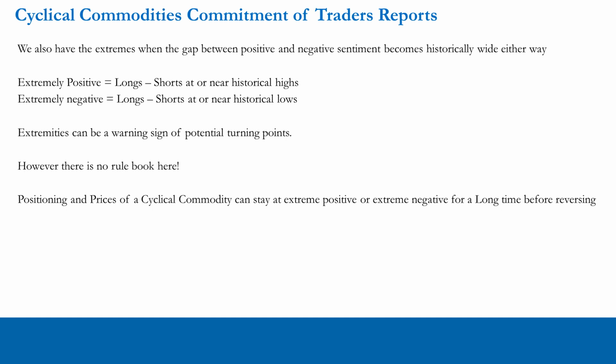It obviously doesn't work like that, guys. It's not a rule book where you take positions simply based on the flip or the extremities becoming slightly less extreme in the commitments of traders' reports and directly reading across into positions in stocks. So definitely do not do that.